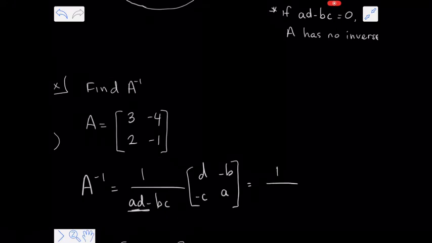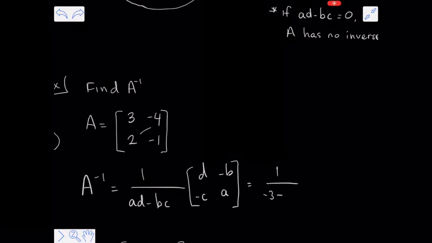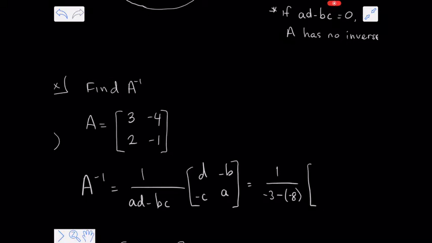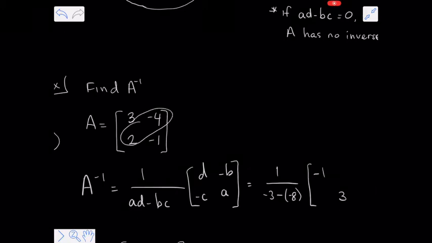So I need this first product, A times D, which is 3 times negative 1, so that's negative 3, and now I subtract this product, B times C, which is here 4 times, or negative 4 times 2, that's negative 8. And then these entries switch spots, so negative 1, 3. These entries just change sign, so the 2 becomes negative and the 4 becomes positive.